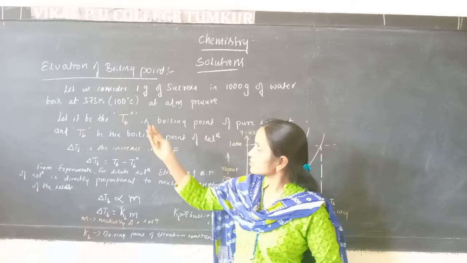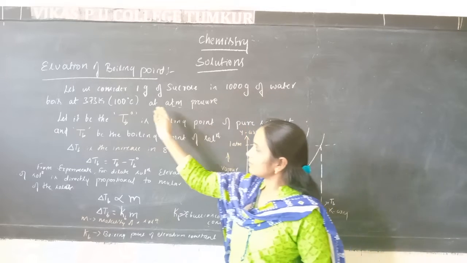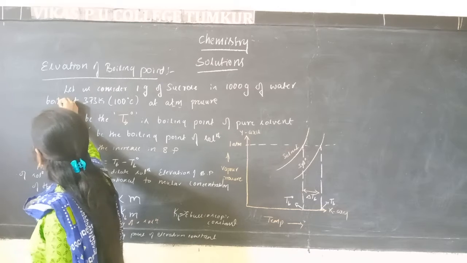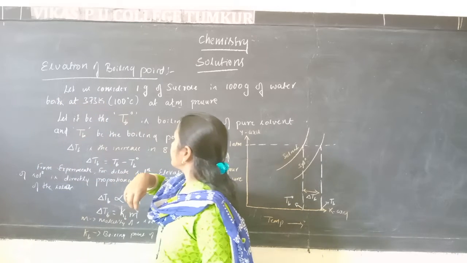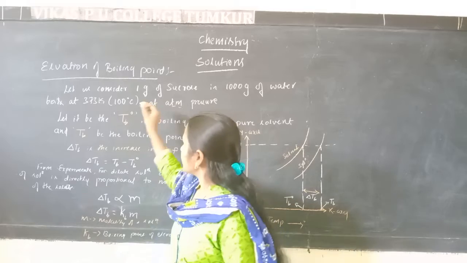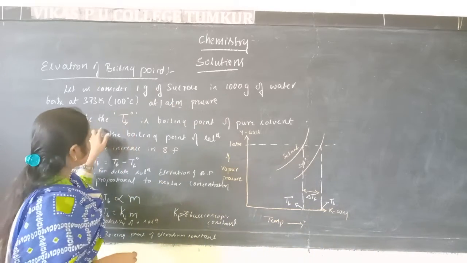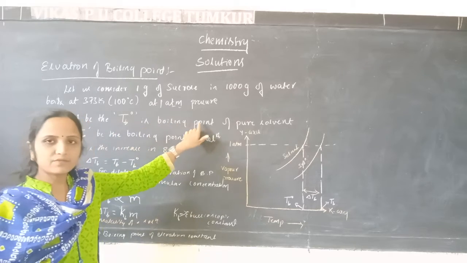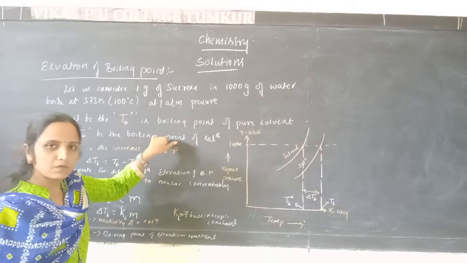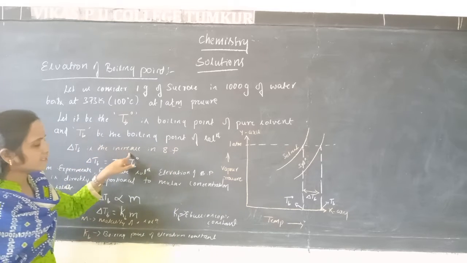Now let us consider 1 gram of sucrose in 1000 gram of water, which boils at 373 Kelvin at 1 atmospheric pressure. Let TB node be the boiling point of the pure solvent, TB the boiling point of the solution, then delta TB is the increase in the boiling point.